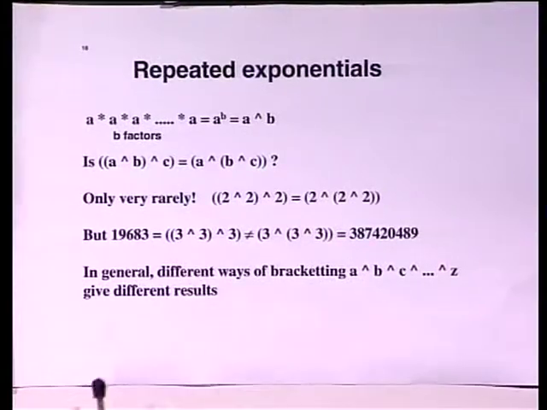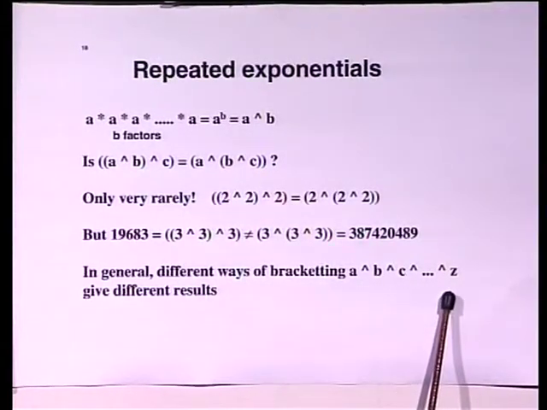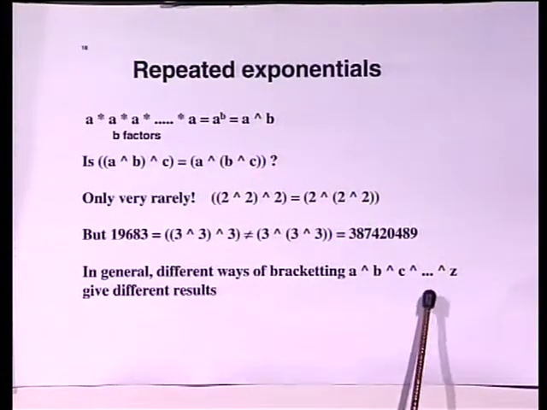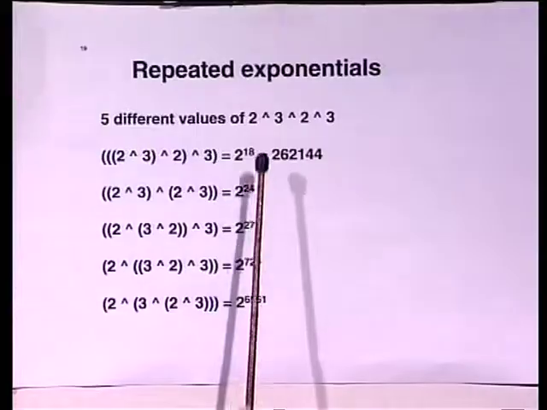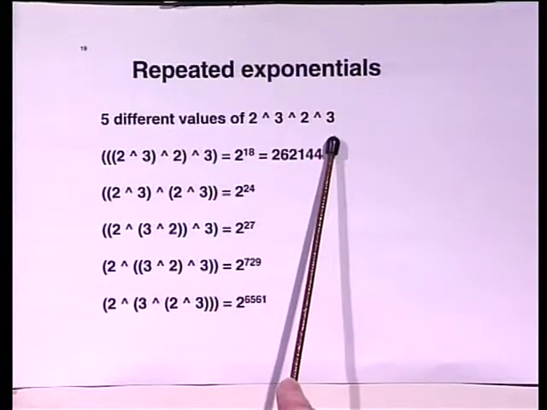And in general, if we bracket a large number of symbols together with exponential operators in between them, we will get different results according to the different way in which we carry out the bracketing. Here are 5 different ways in which we might express 2 to the power 3 to the power 2 to the power 3.